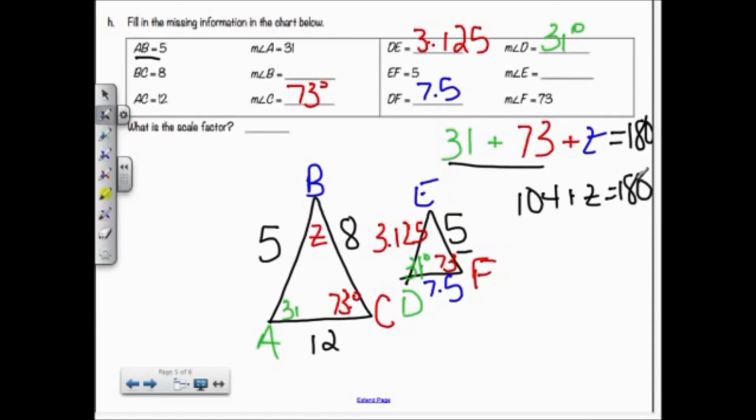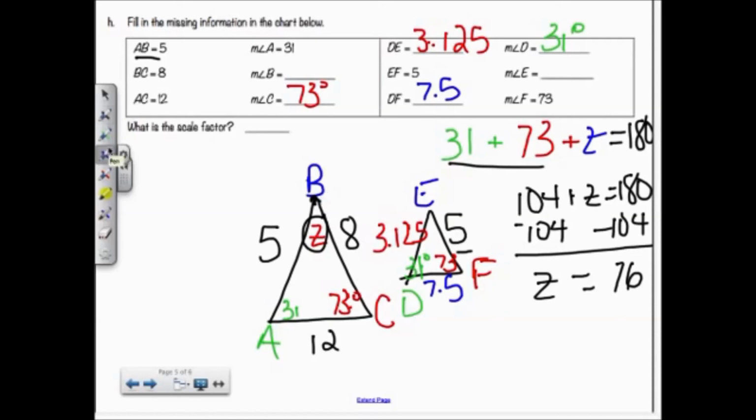All I need to do now is subtract the 104 from both sides. And then I end up getting Z equals, sorry, there's a little bit of a lag, 76 degrees. Okay, so if angle Z right here, which is technically angle B, is 76 degrees, that means that angle E also has to be the same thing, so angle E is also 76 degrees.